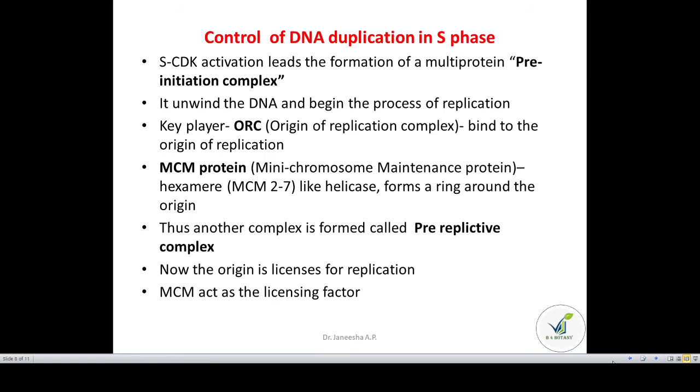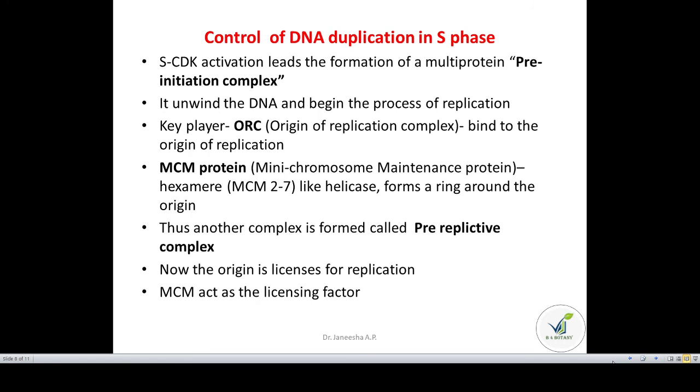And for this, the key player is the ORC, that is the origin of replication complex, and this ORC binds to the origin of replication. Then another protein called MCM protein, that is the mini chromosome maintenance protein, is a hexamer like our helicase: MCM2, MCM3, 4, 5, 6 and 7. It forms a ring around the origin.